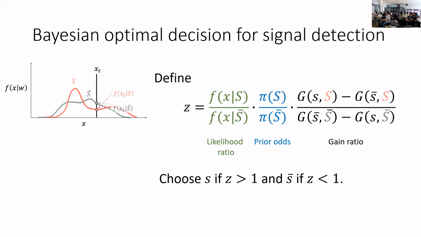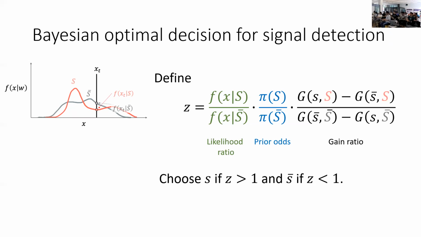Actually, this is a formula you may derive for yourself. It's kind of easy to derive: if you want to maximize expected gain, what criterion should you use? This kind of general formula we have. And I think the way I write it here may not be very conventional.